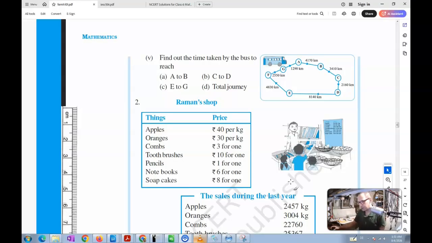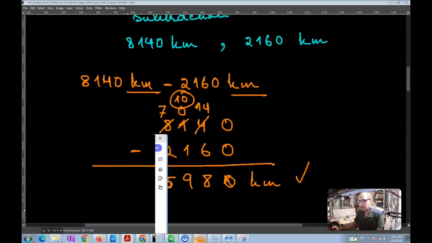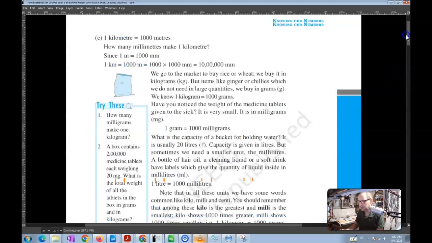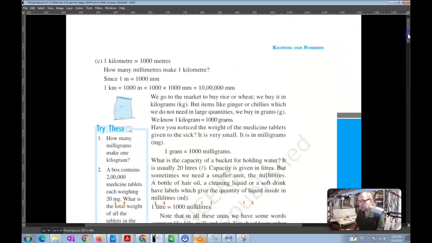Now the next part of this question is find out the time taken by the bus to reach from A to B, C to D, and so on and so forth. Now this is something it would be useful to know, so we will talk about this as well.